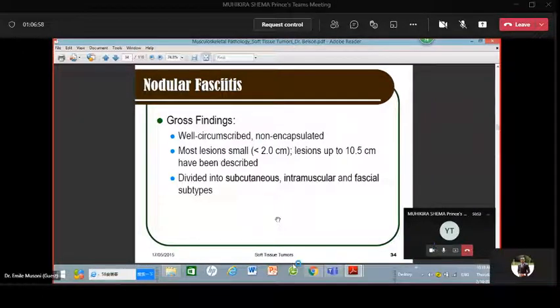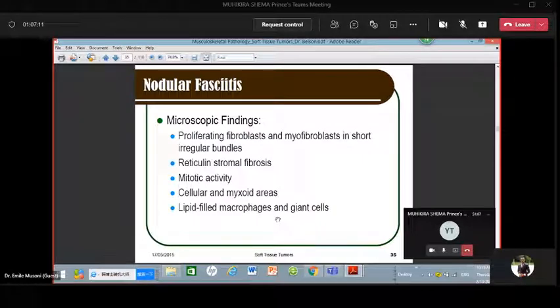Grossly, it is circumscribed, non-encapsulated. The lesions are less than 2 centimeters. They can be divided into subcutaneous, intramuscular, and fascial subtypes. Microscopic findings, what you see is the proliferation of fibroblasts and myofibroblasts in short regular bundles. Stroma fibrosis. Fibrosis, remember, is an increase of fibers.